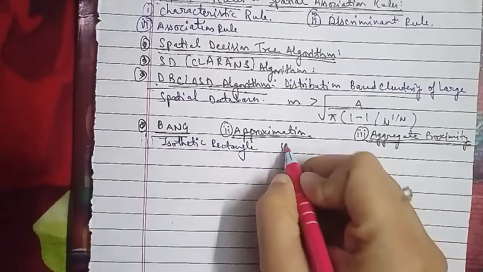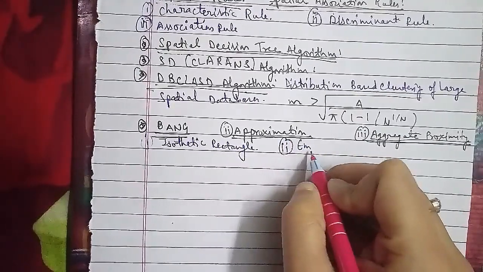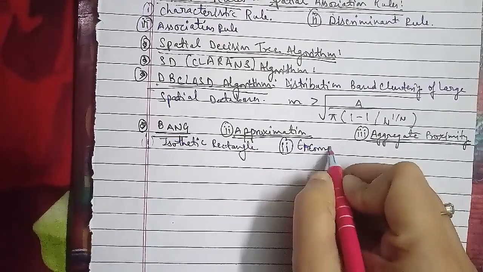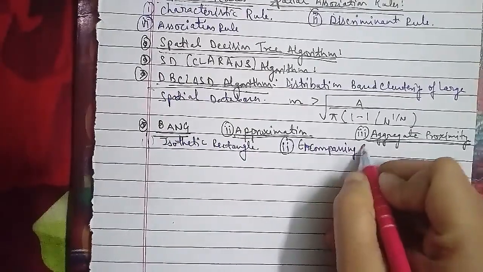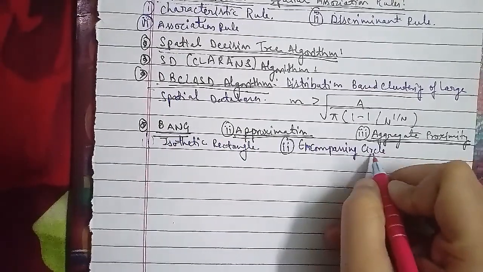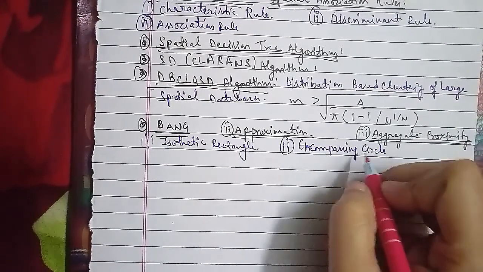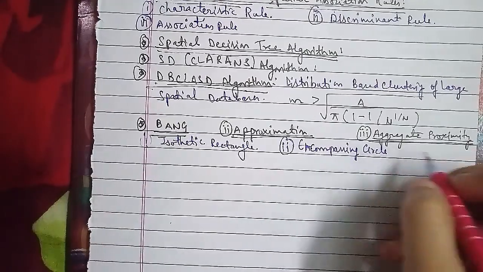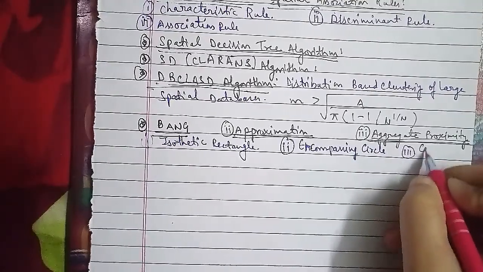The second we have is the encompassing circle. In the encompassing circle, the circle contains a set of points and is found by using the diagonal of the isothetic rectangle as its diameter. The third we have is the convex hull.